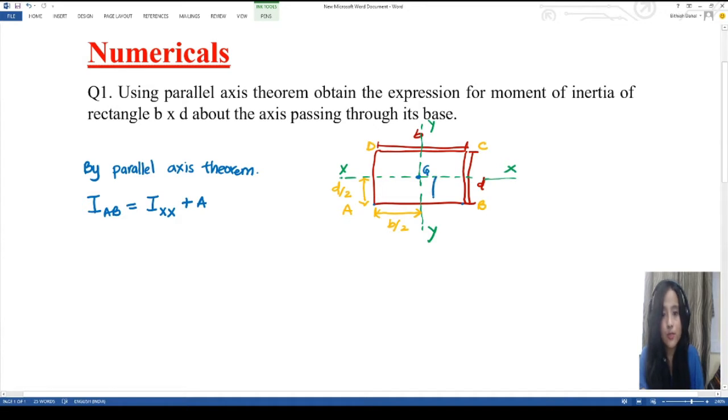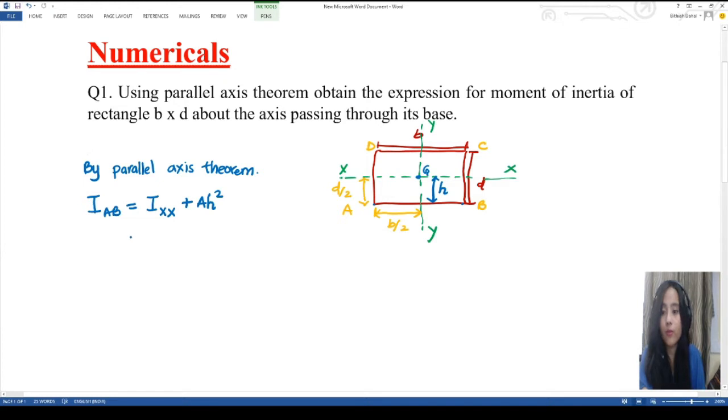So that distance will be this distance h, which is equal to d by 2 here. So it will be into area into the perpendicular distance square. So this is the statement of parallel axis theorem.